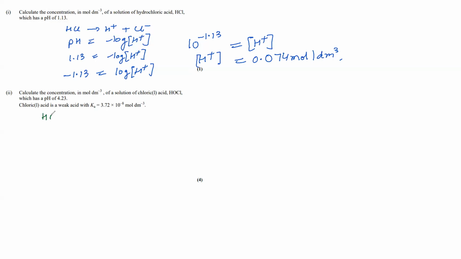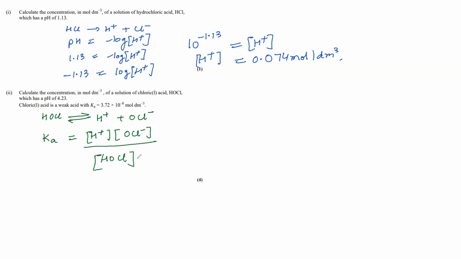Chloric acid, HOCl, is a weak acid, so it will dissociate like this: H positive plus OCl negative. Ka is the H positive concentration and OCl negative concentration divided by the HOCl concentration.